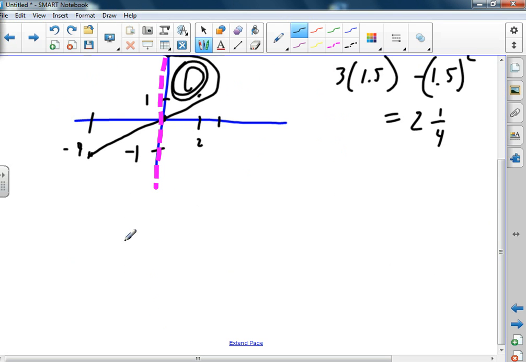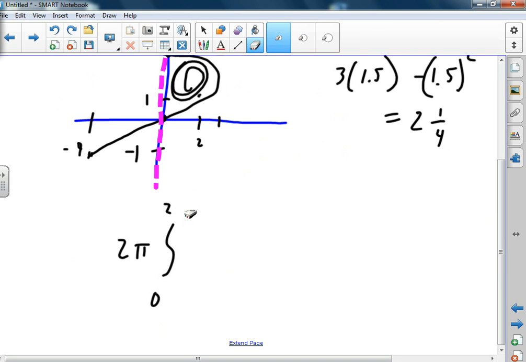I'm going to go 2 pi integral 0 to 2.25. No, this is d. Okay, so I'm going to go 0 to 3. The radius is y.